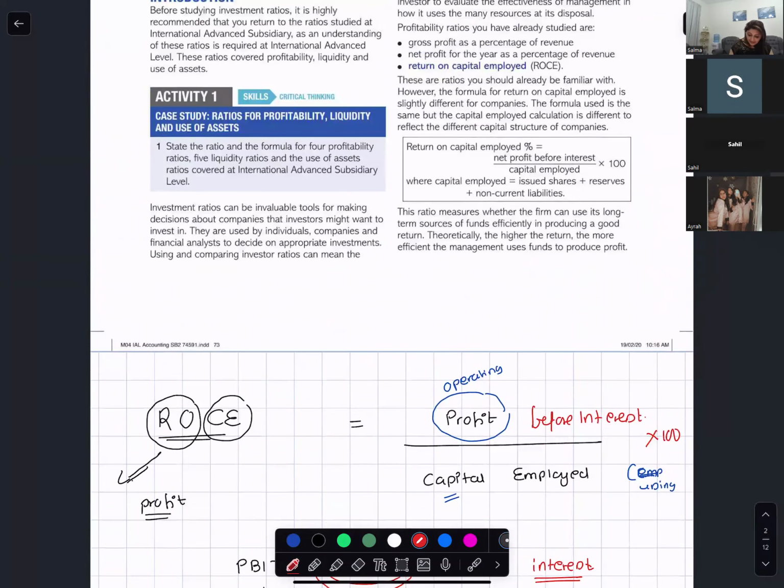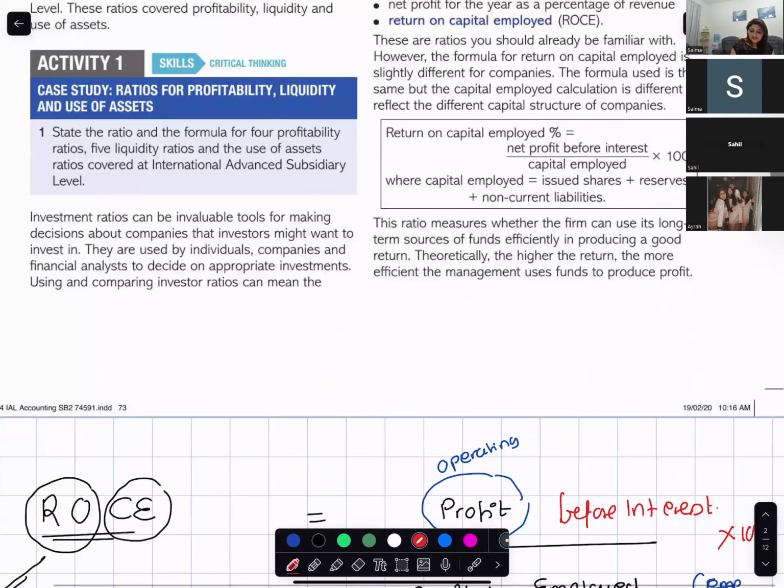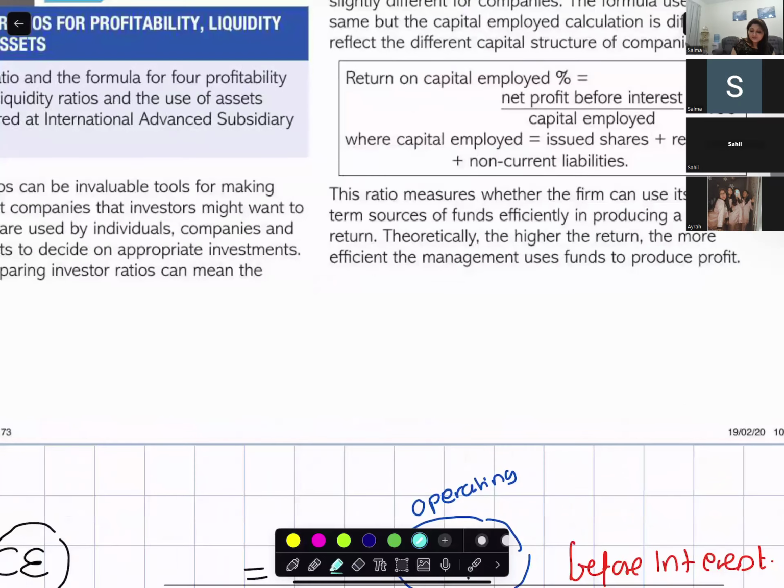The return on capital employed measures whether the firm can use its long-term funds efficiently in producing return. Are you using your long-term funds efficiently to produce your returns or not? If your return on capital employed is more, that means you're using funds efficiently. Are you with me?